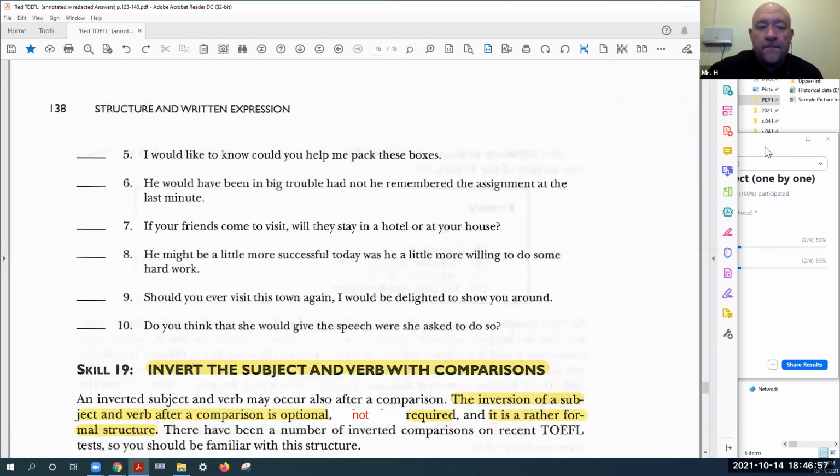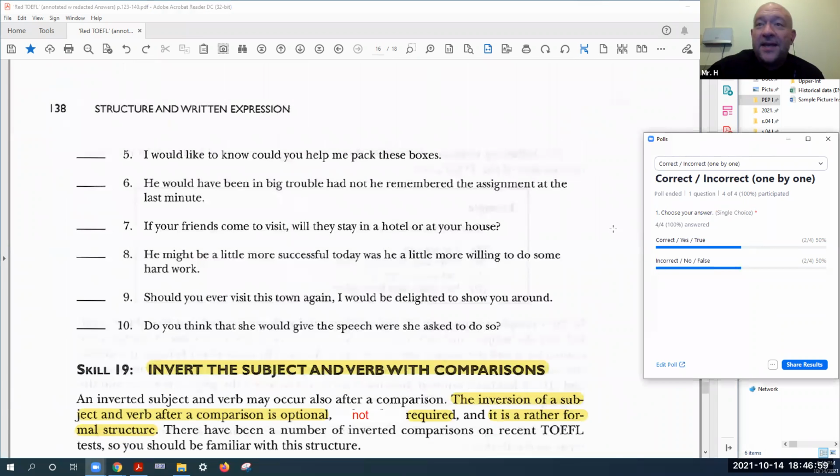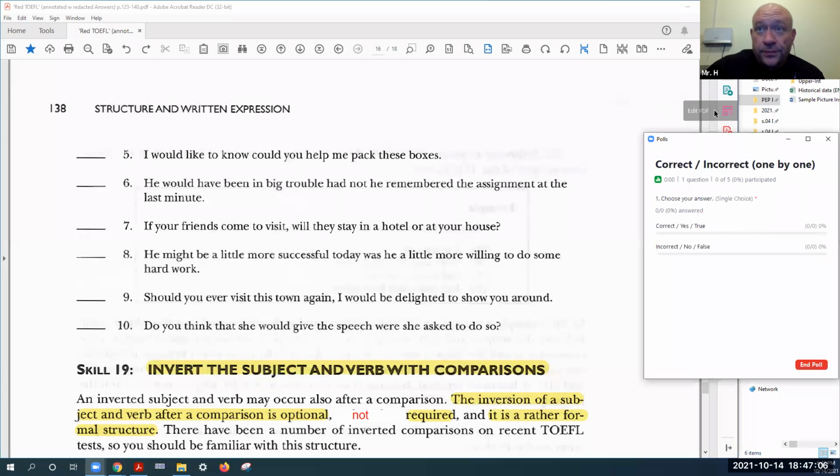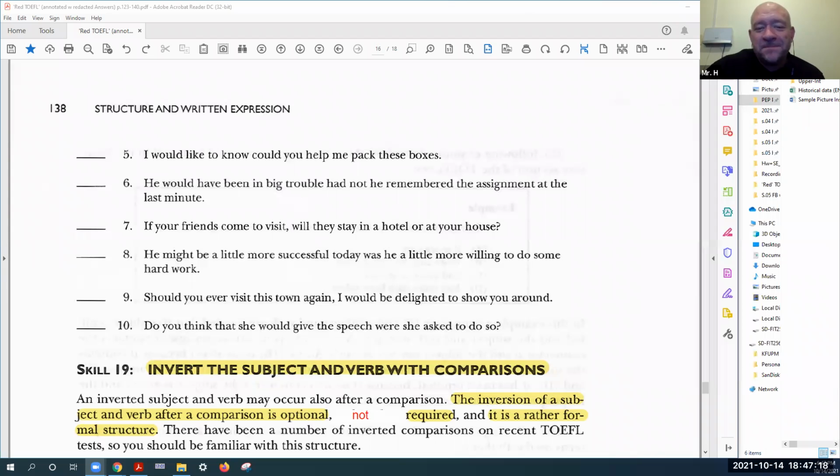You ready? Okay. Go ahead, start. See, Abdullah has joined us, but he might be confused because he missed the first part of the lesson. This is not simple.